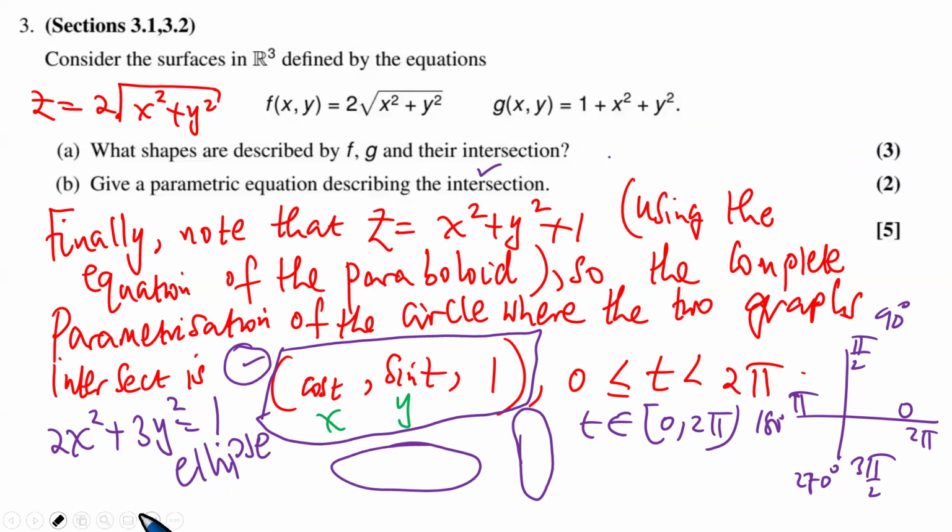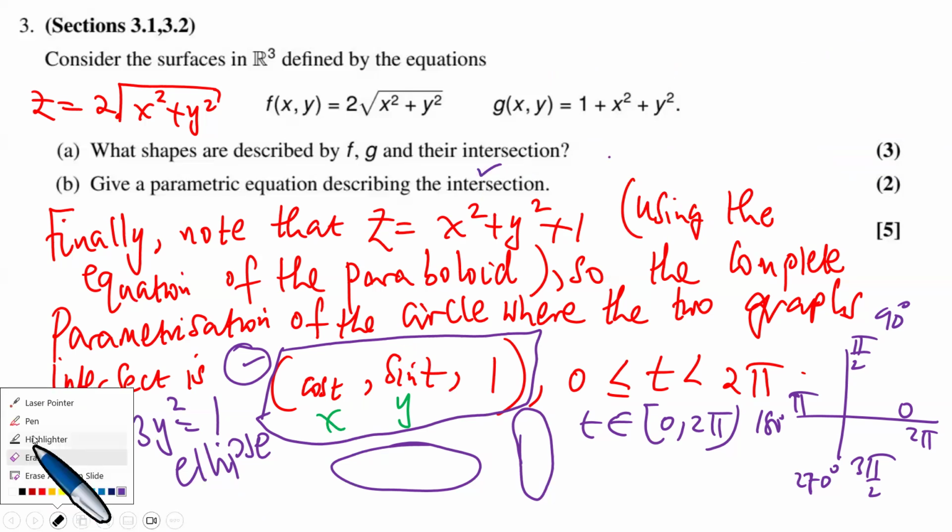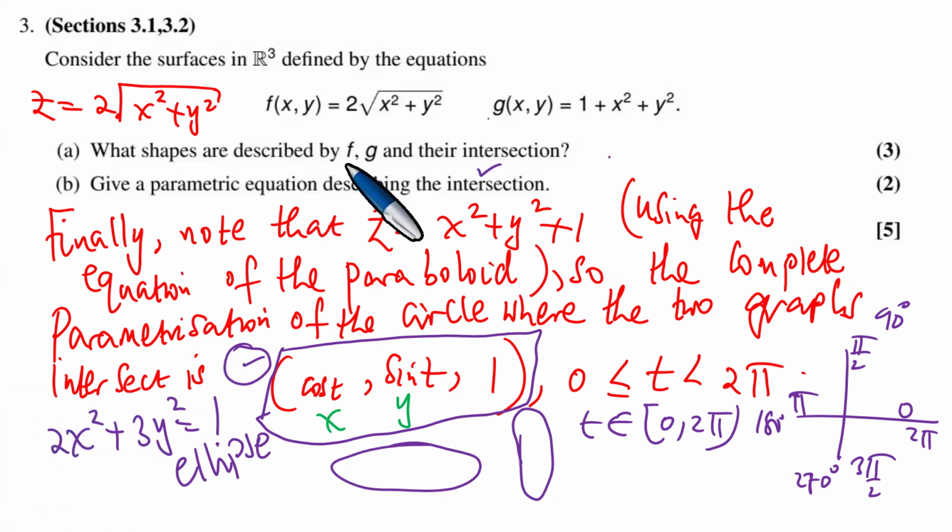So if you test by substitution, you must be able to get the result. For example, whatever you have at this point is x and y, and you plug them in here.